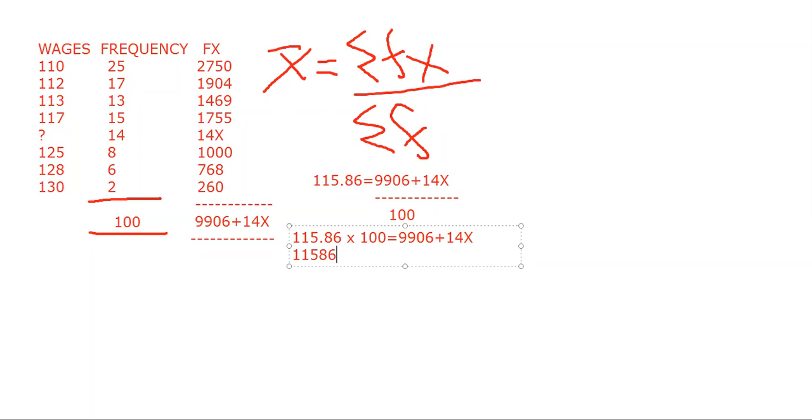11586 is equal to 9906 प्लस 14x। ठीक, यही आया मेरे पास। अभी यहाँ से 14x को अलग कर दो। 14x is equal to 11586 माइनस 9906.